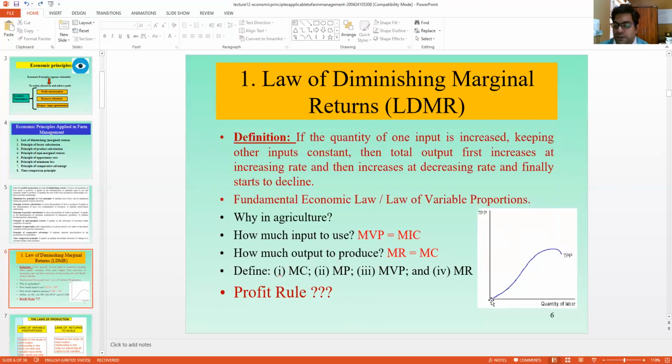What does it mean? Ceteris paribus, keeping other inputs constant, if the farmer increases the rate of input, then output keeps on increasing to a certain extent, becomes flat, constant, and then declines. So this is what is law of diminishing marginal returns.